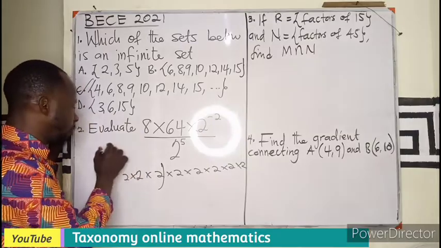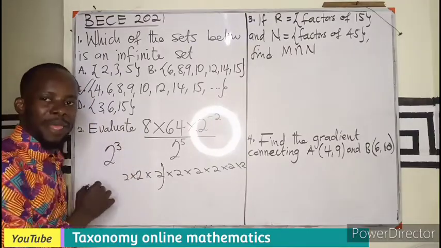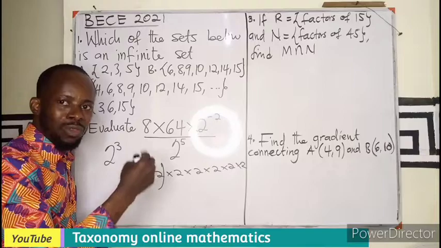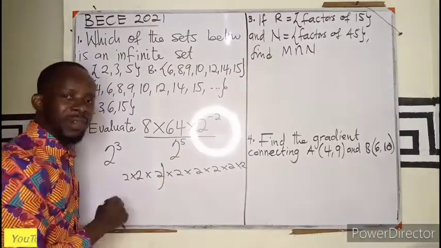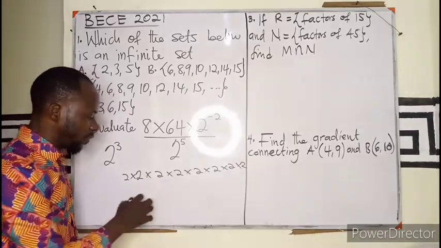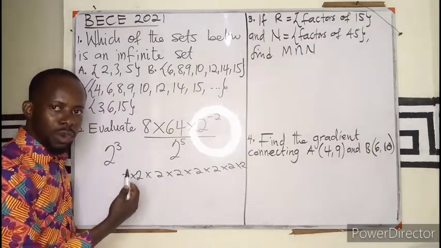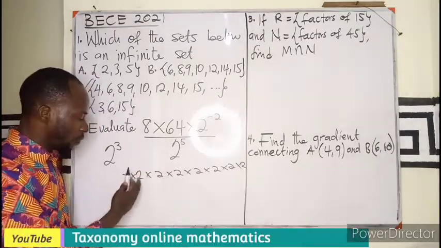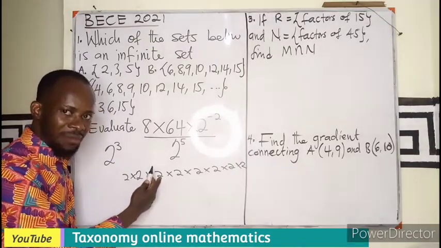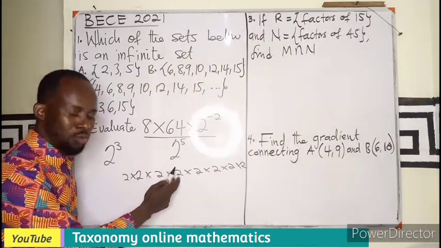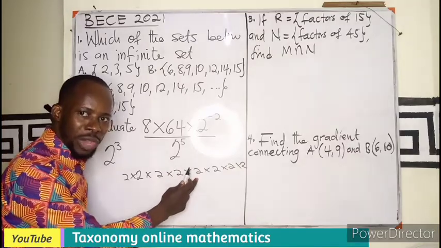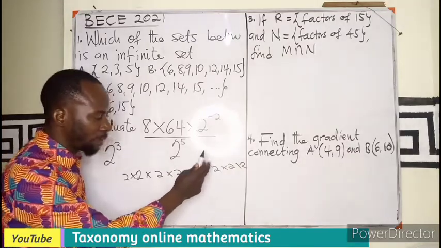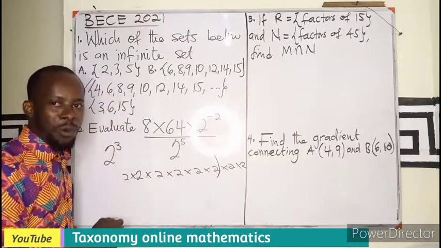So this is going to be 2 exponent 3 if I am to break 8 to base 2 and an exponent. Alright, then we are going for 64. 2 times 2, we have 4. 4 times 2, we have 8. 8 times 2, you have 16. 16 times 2, you have 32. 32 times 2, you have 64.